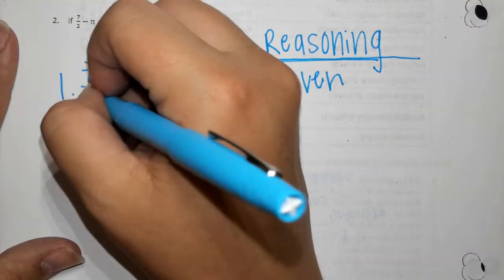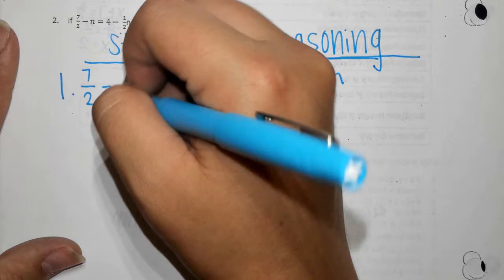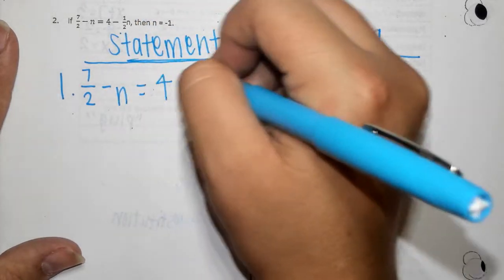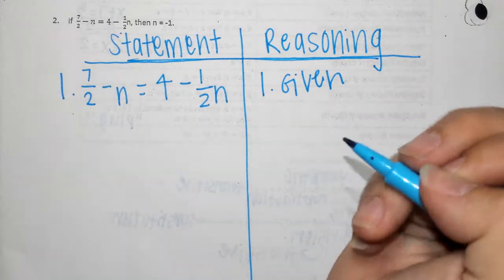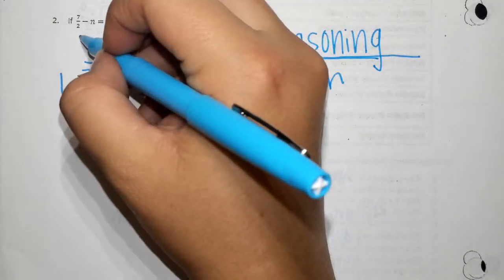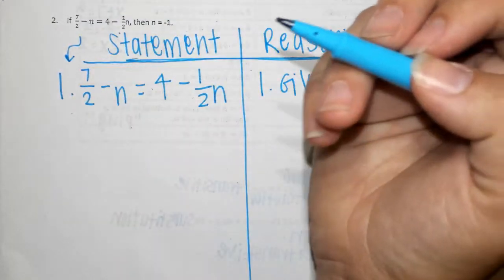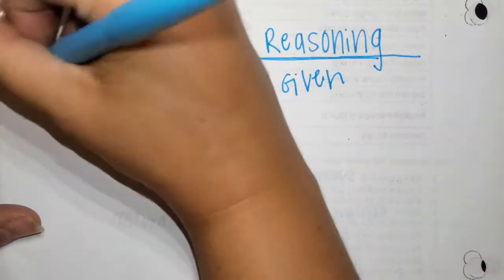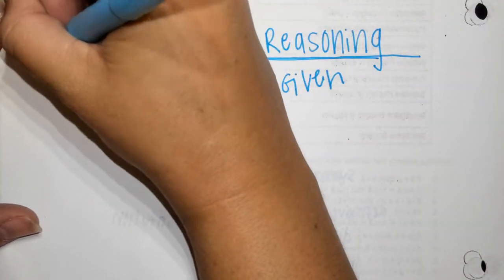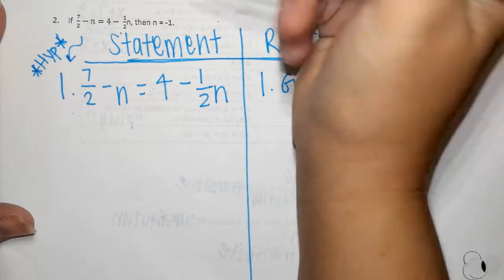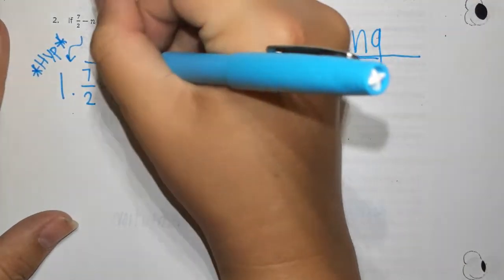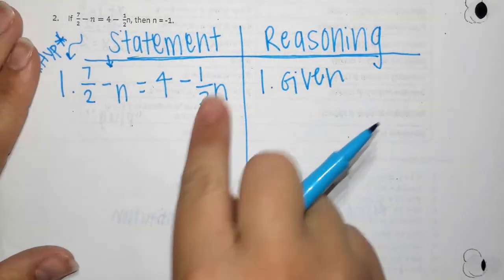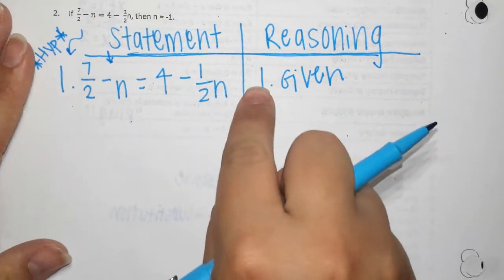My hypothesis is that 7/2 minus n equals 4 minus 1/2 n. I just wrote the same exact thing. Now, your conclusion is n equals -1. So your n needs to be on this side. So move all the n's over here and move everything else away.